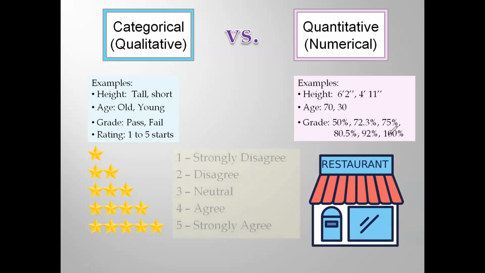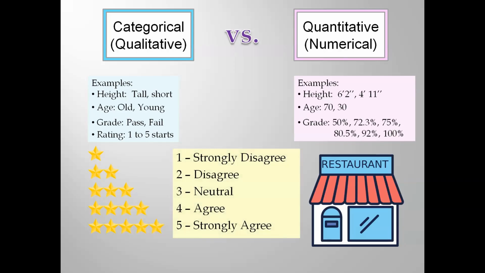Hopefully we can see that if we just think about them as ratings from strongly disagree to strongly agree, these ratings still fall under categorical variables. Even though we can assign numerical values to them, they still are a category based on opinions.